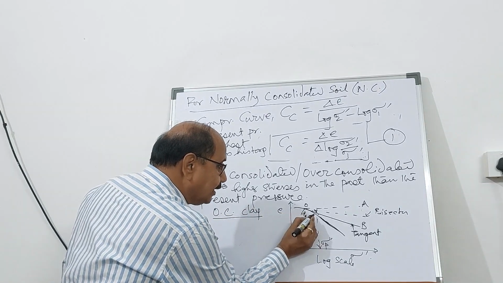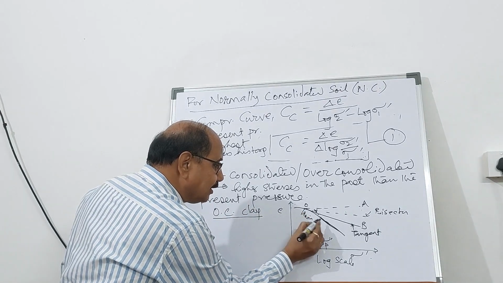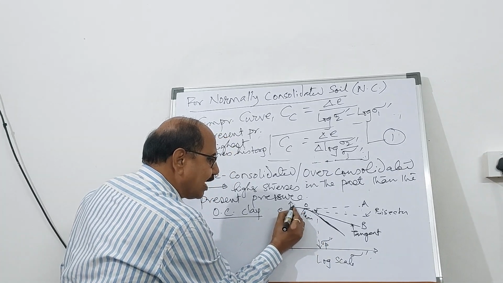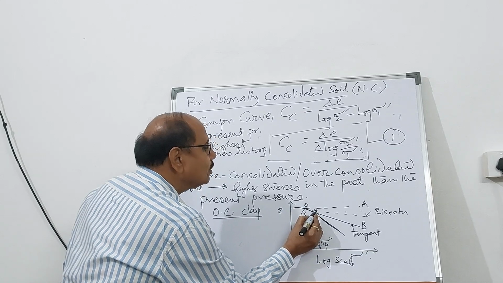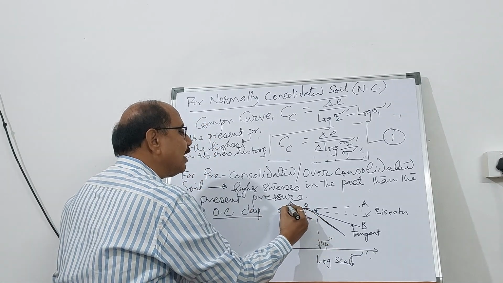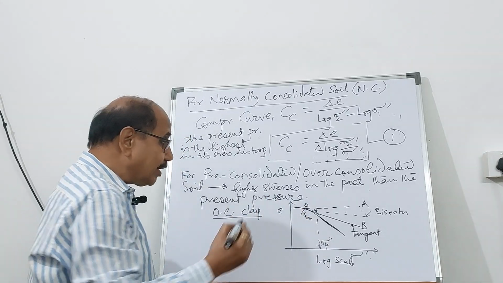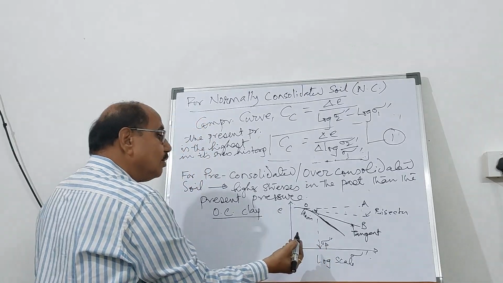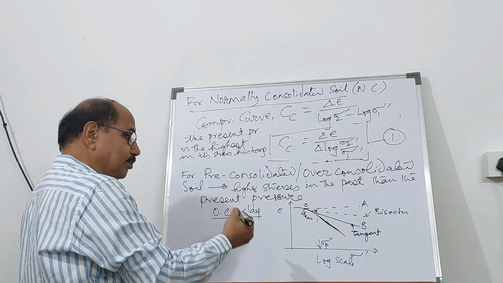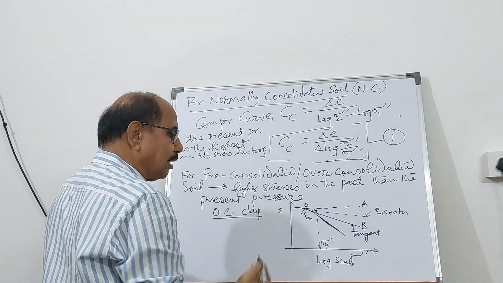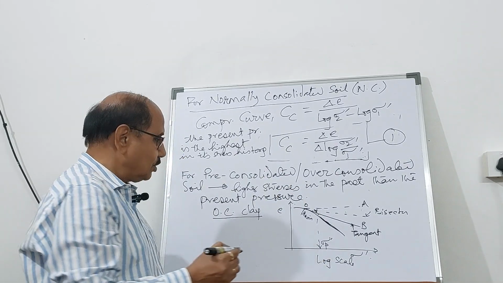Now, what do you find? It is curvilinear. That means it is flatter. So before the pre-consolidation pressure, it is going to behave as OC clay, over-consolidated. That means there is a pressure which has already been applied, the pre-consolidation pressure. Your soil has been subjected to this amount of pressure in the past.